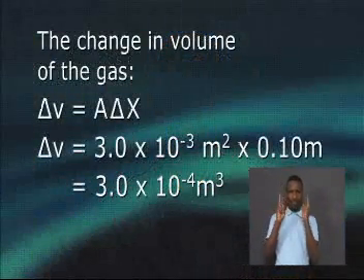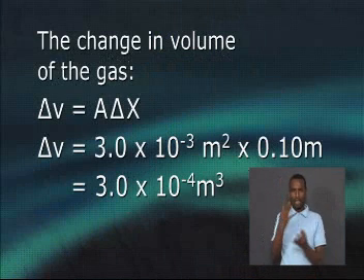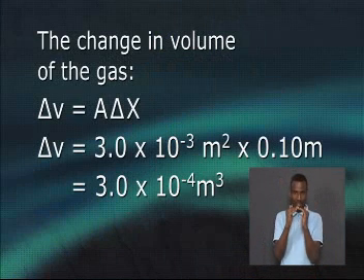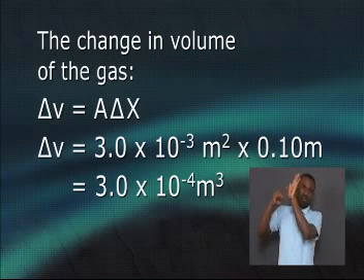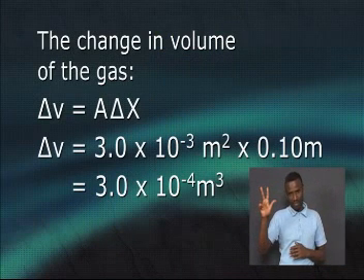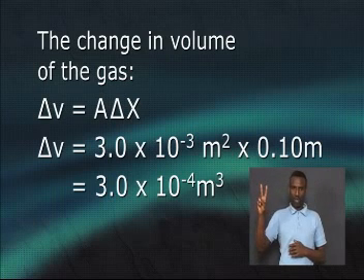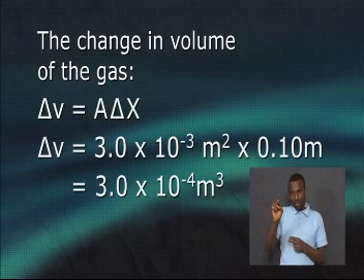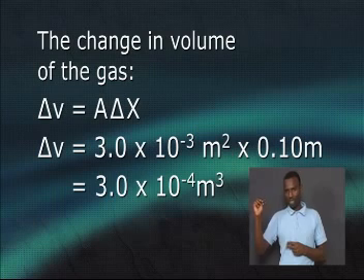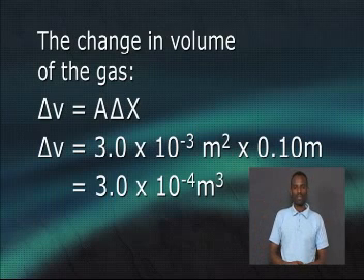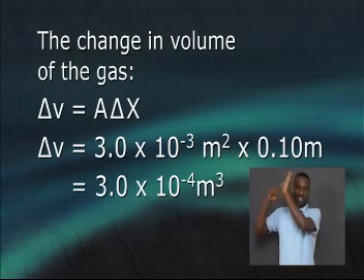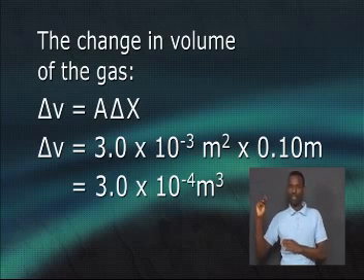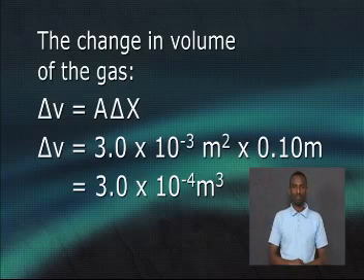The change in volume of the gas is expressed by the equation 3.0 times 10 to the power of -3 square meters times 0.1 meters. This equals 3.0 times 10 to the power of -4 cubic meters.